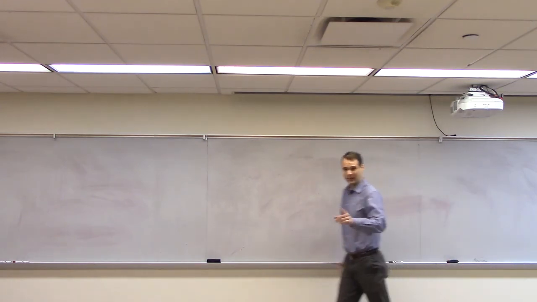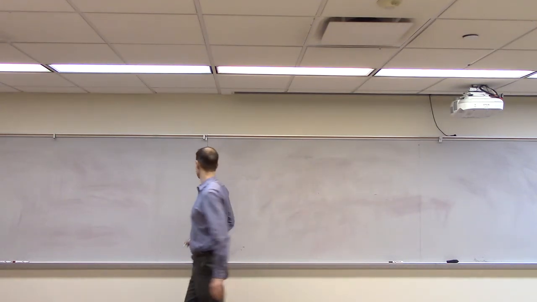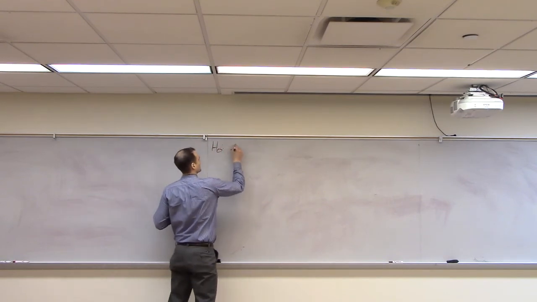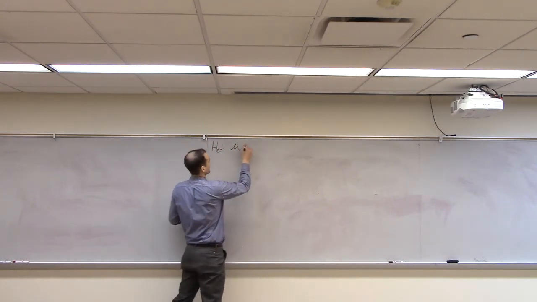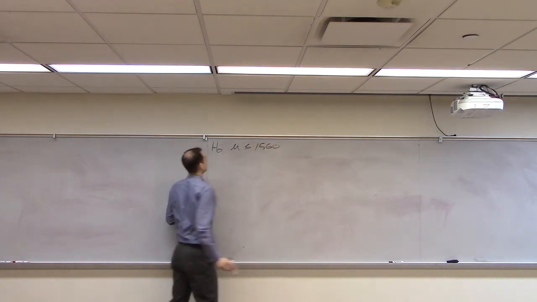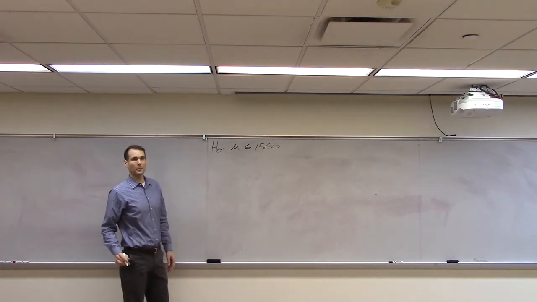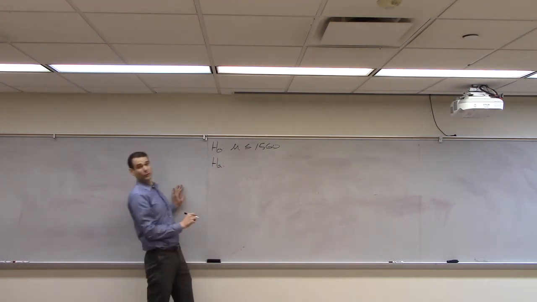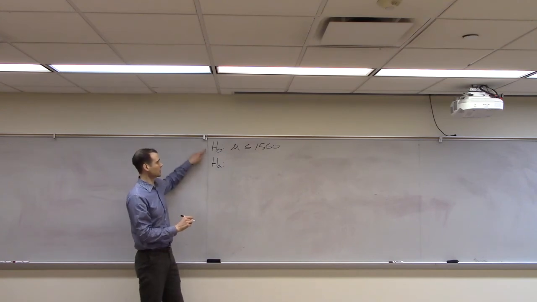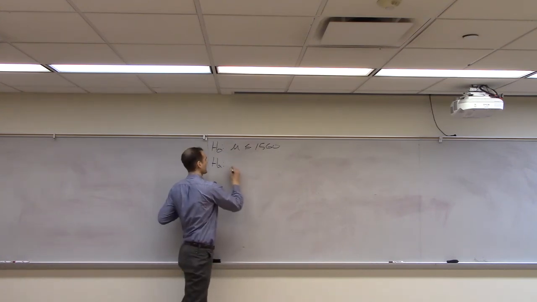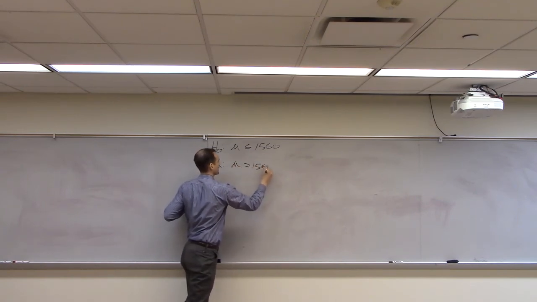I'm going to call your claim the null hypothesis. You say the mean is less than or equal to 1560. I'm going to believe that unless I have overwhelming evidence to the contrary. If I have overwhelming evidence to the contrary, I'm going to reject this and assume the alternative. The alternative is just the opposite: the mean is greater than 1560.